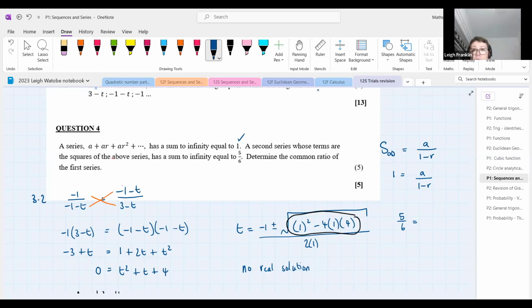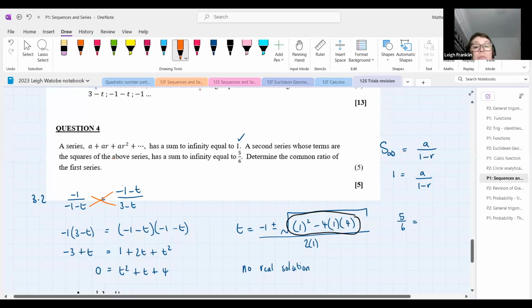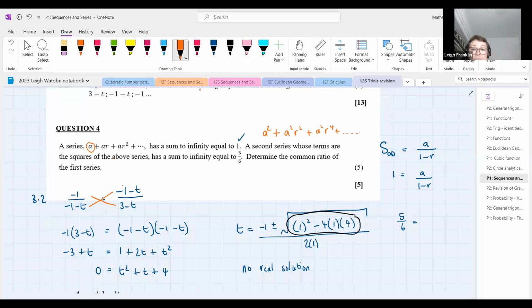Ma'am, would square each and every term of the first sequence. Exactly. Beautiful. Well done. So in other words, the first term of the second series would be a squared because we're squaring your a. Then we would end up with a squared r squared as our second term. And then as our third term, we'd end up with a squared r to the power of 4 plus whatever.